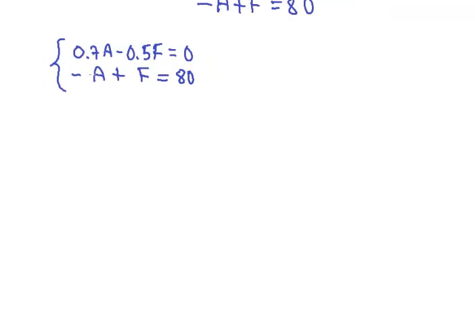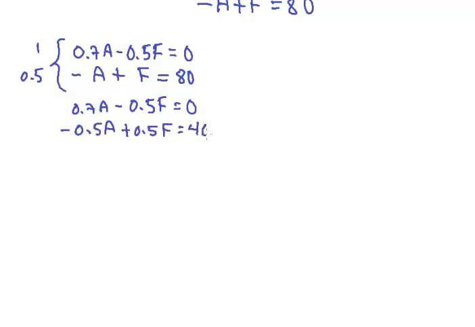How do we solve these things? Well, we switch the numbers, or we flip, in this case 1 in here, 0.5 in here, and I multiply. So 0.7 A minus, you could check how to do systems, and then here minus 0.5 A plus 0.5 F, I multiply, and 80 times 0.5 will give me 40.